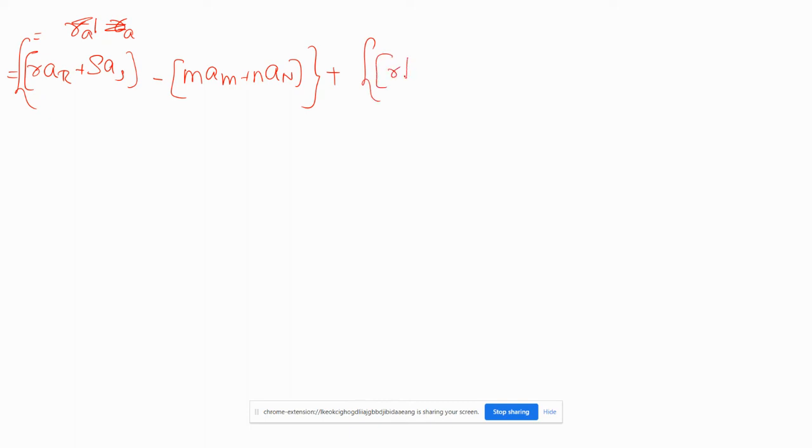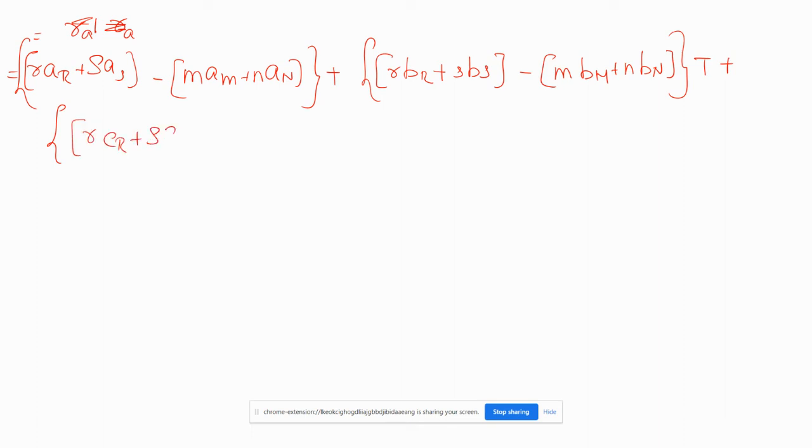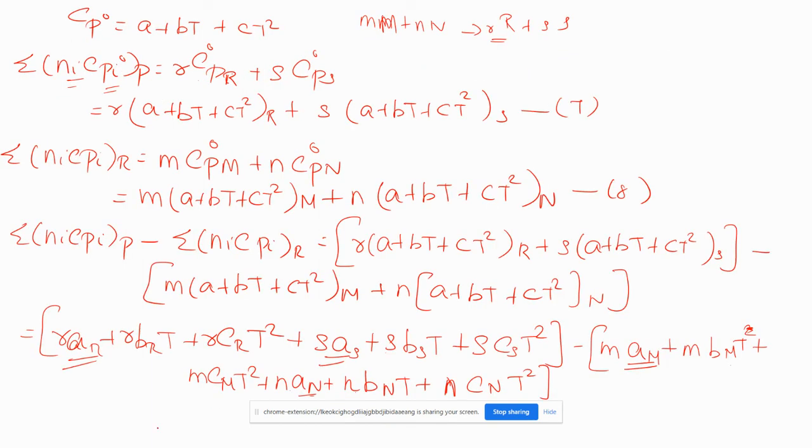Plus R B R plus S B S minus M B M plus N B N, into T, taking T as common. Plus R C R plus S C S minus M C M plus N C N into T square.